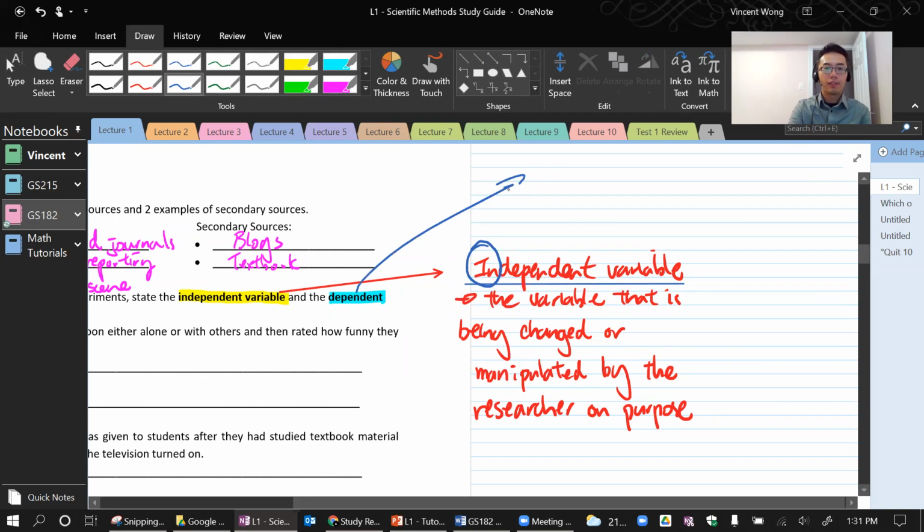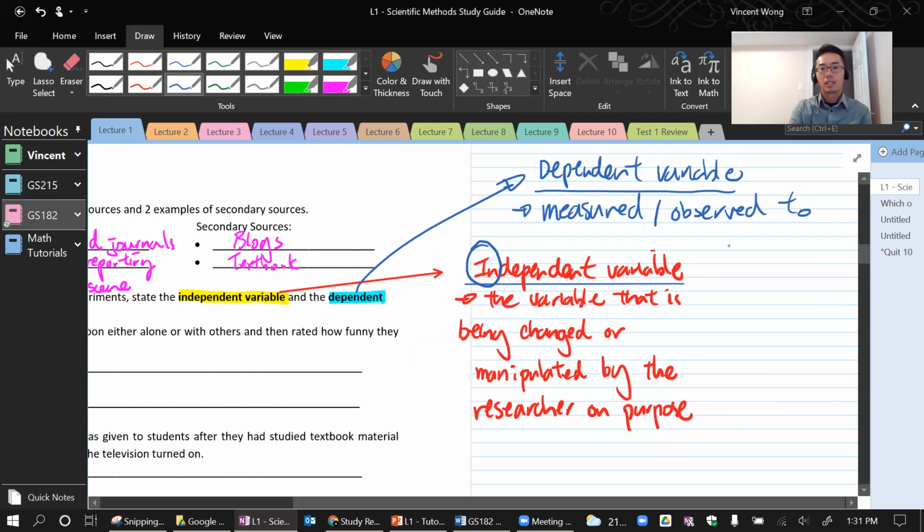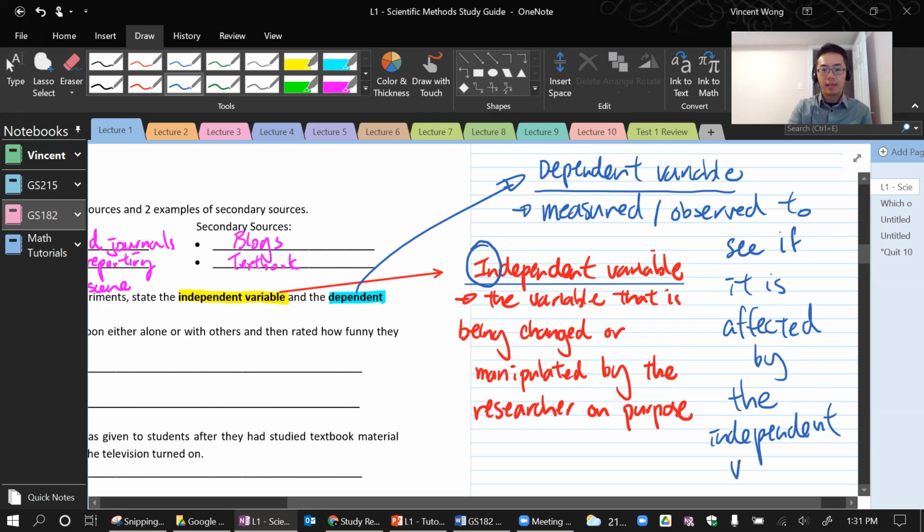Whereas the dependent variable, right, dependent, okay, so this one is measured or observed to see if it is affected by, sorry, this is very messy, the independent variable.